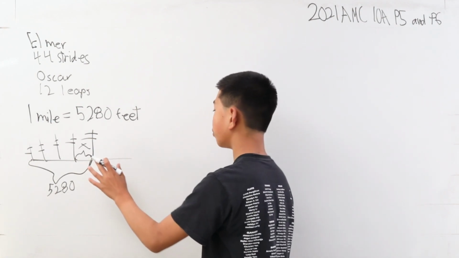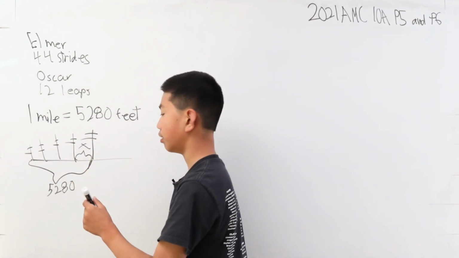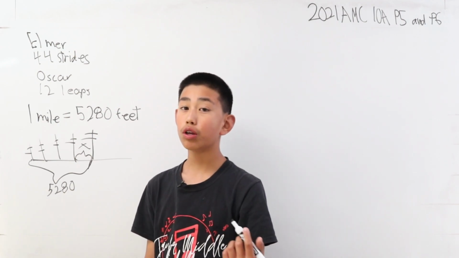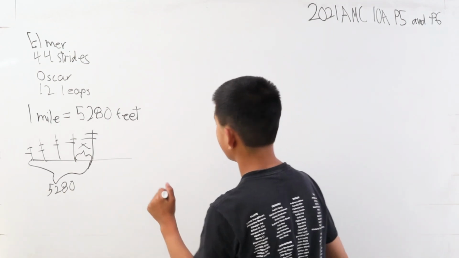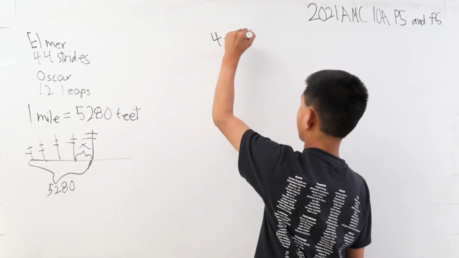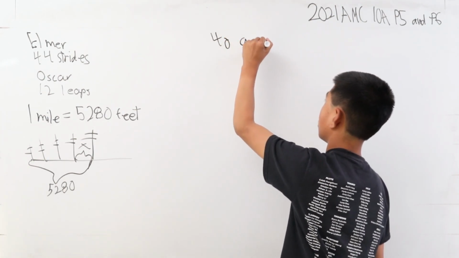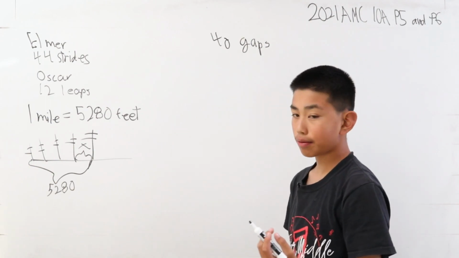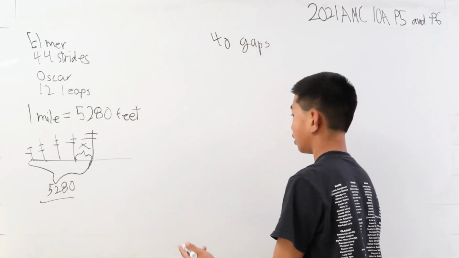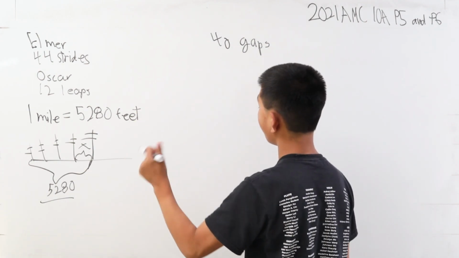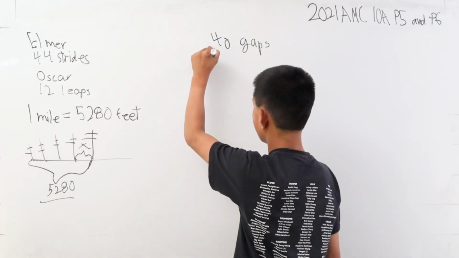There are 41 poles here, but the number of gaps is 41 minus 1, or 40 gaps. So there's 40 gaps, and 5,280 is the total length of all the 40 gaps added together.